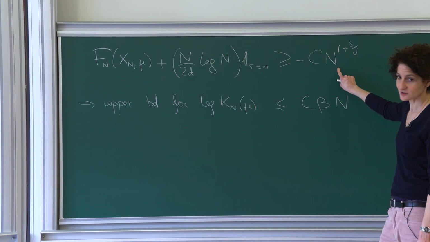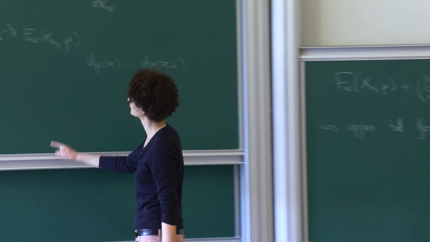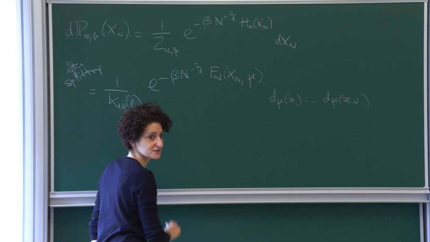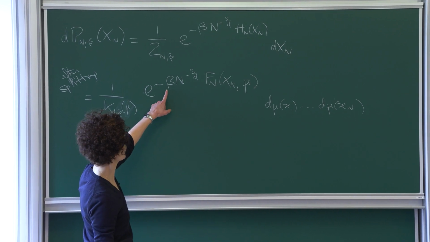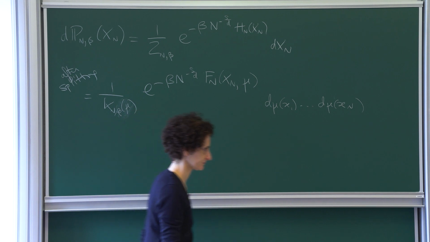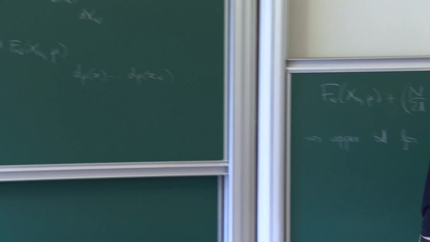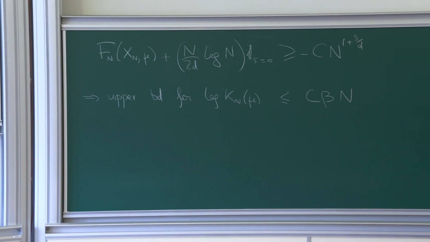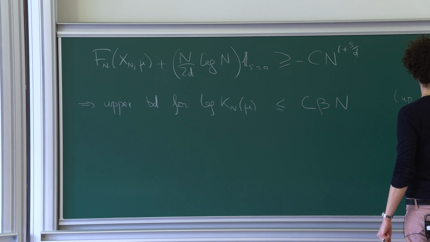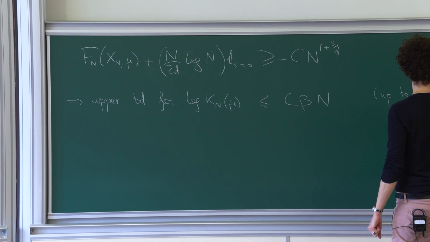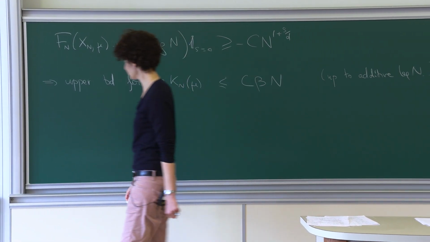Because you see, you have n^(1+s/d), and conveniently there is an n^(-s/d). So these terms cancel, and then you just get a beta n. Okay, I'm neglecting this thing here, so up to the additive log n. So this gives you an upper bound.